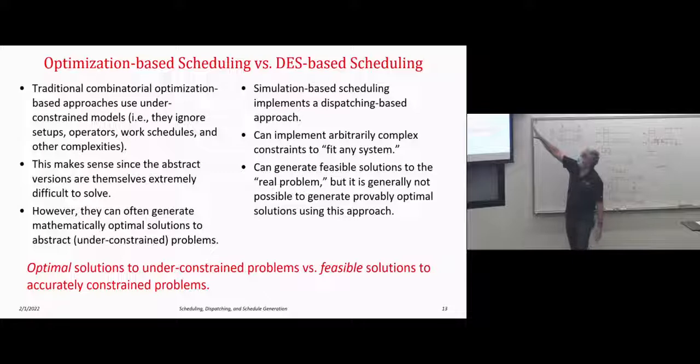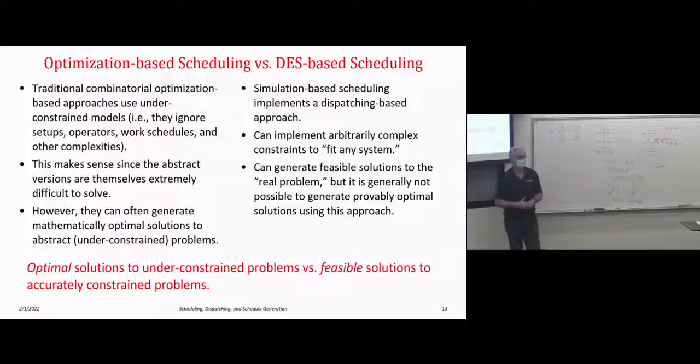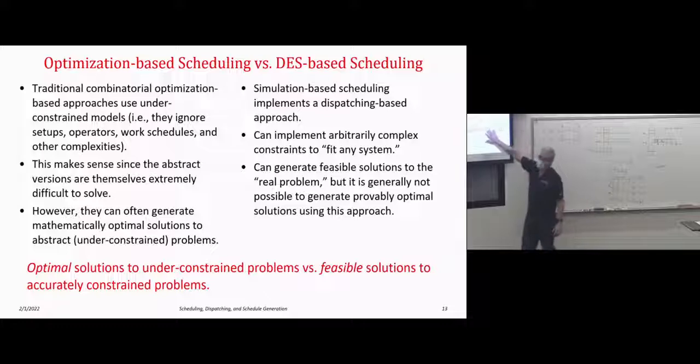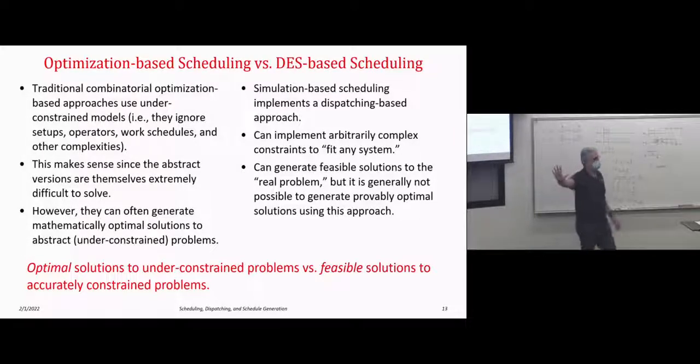It can implement arbitrarily complex constraints to fit any system, right? I can have any kind of resource constraints, any kind of setups, any kind of work schedules, any of that stuff. But I can't do things like this. And so we're left with this question. If I have an optimization approach, I generally have optimal solutions to an under-constrained problem.